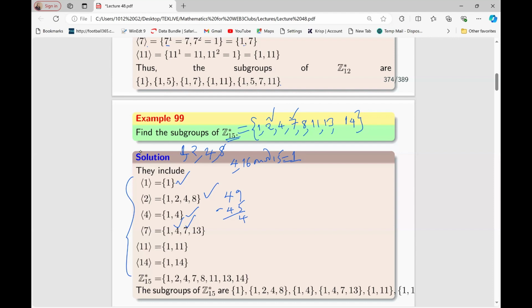Then 7 three times. We already have 7 twice, which we have as 4. So 4 times 7 will be 28. And we are doing it mod 15. So if 15 goes there once, the remainder is 13.